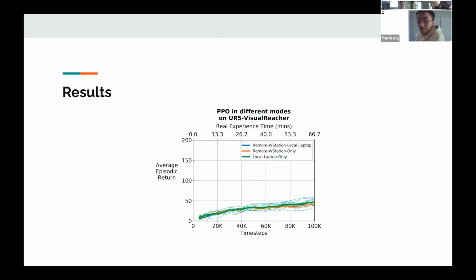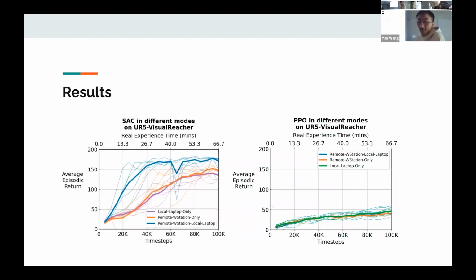The figure on this slide shows that PPO's performance is nearly the same across the three modes. This result is not surprising since PPO only updates policies at the end of the episode. Thus, the distribution mode shouldn't impact PPO's performance as long as the computer can perform action inference promptly. Now let's compare the performance of SAC and PPO across the three modes.